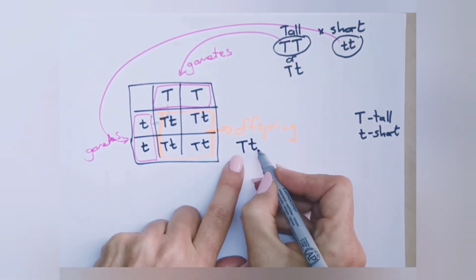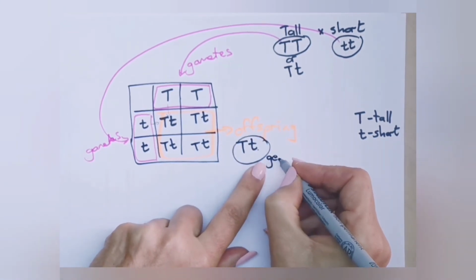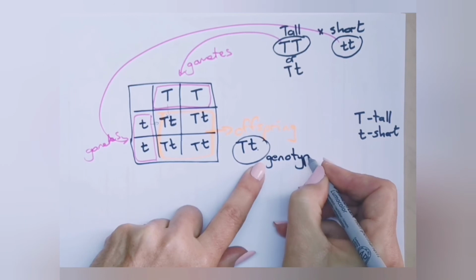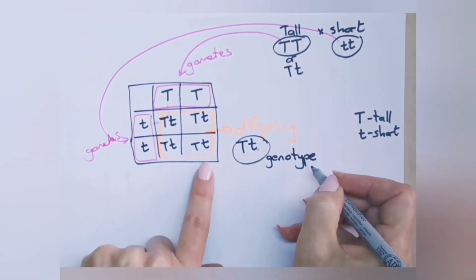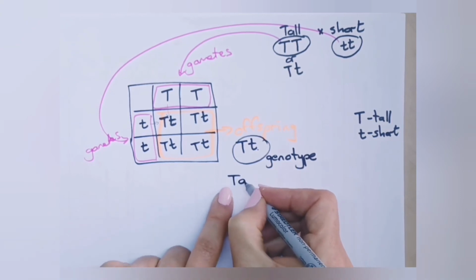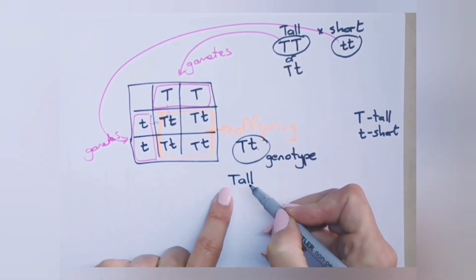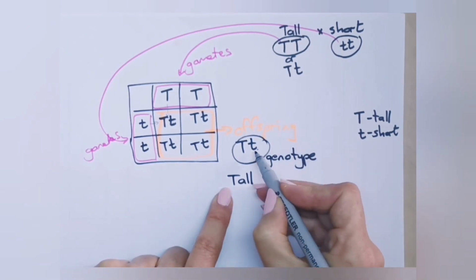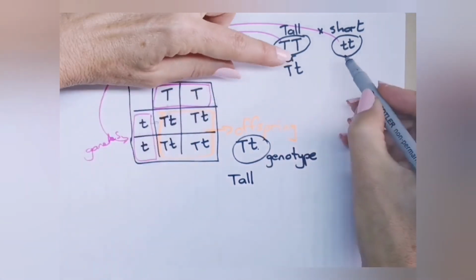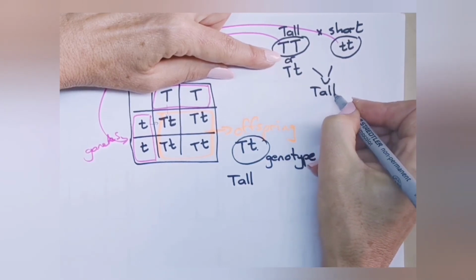So a big T, little t, although this combination we call the plant's genotype, because that's what the genes look like, the physical appearance of this plant is actually tall. It does carry the little t, but the plant doesn't look short. It's just a carrier of the short gene. That's why in this cross, Mendel actually saw that all the offspring were tall.